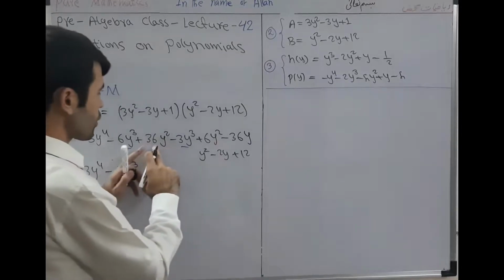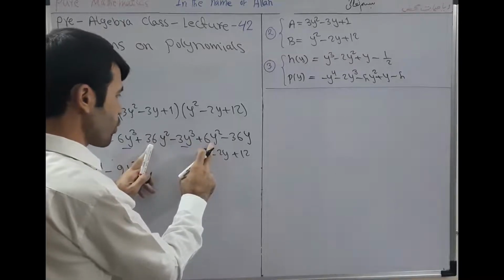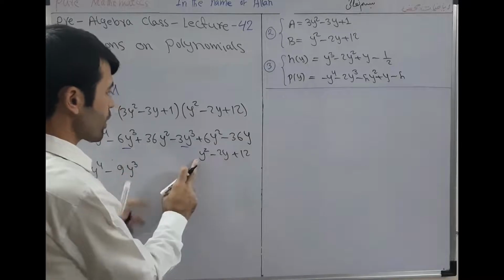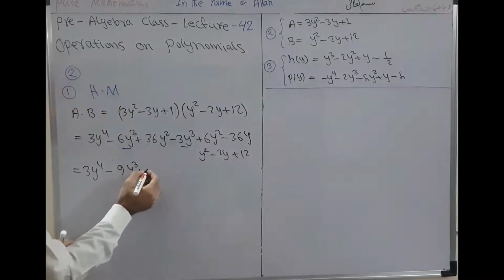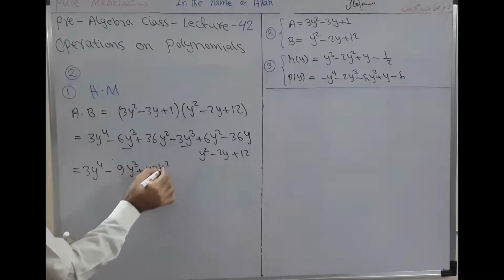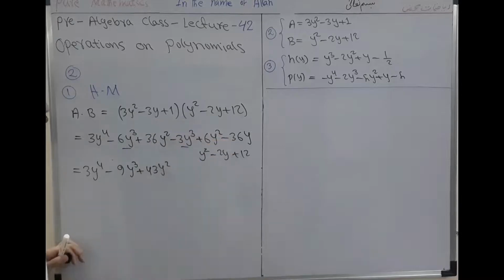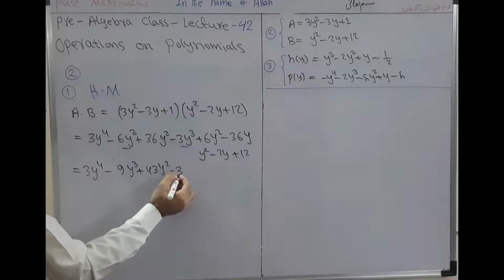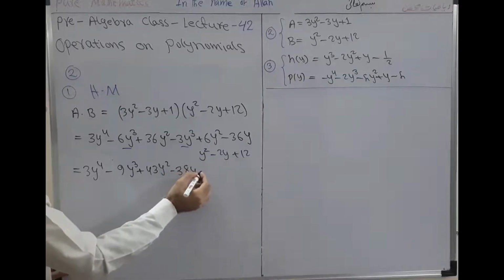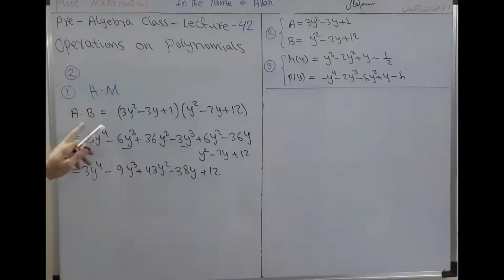Here we have 36y squared plus 6y squared plus y squared, totally we have 43y squared. Here we have minus 36y, here also we have minus 2y, minus 38y, plus 12. It is the result of the horizontal method of the product of these two polynomials.